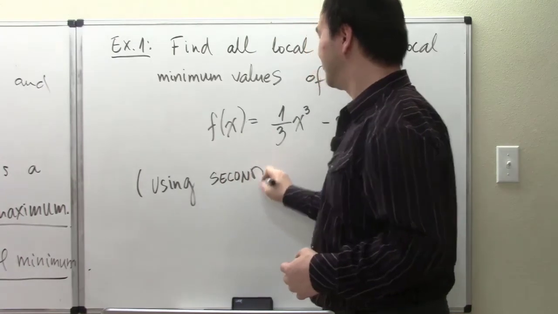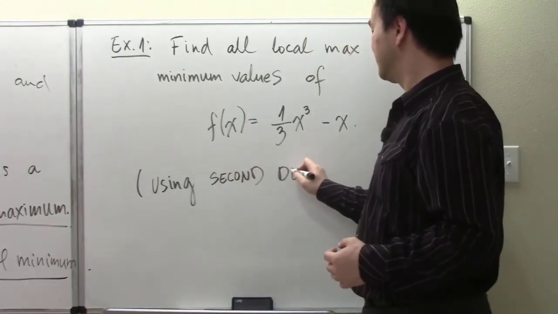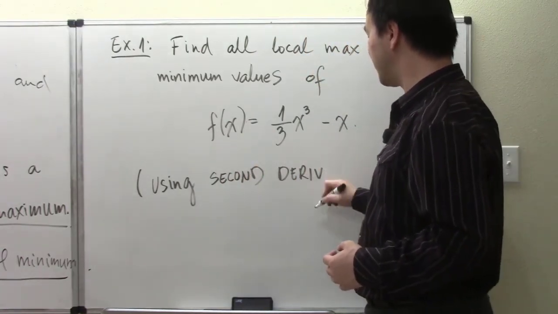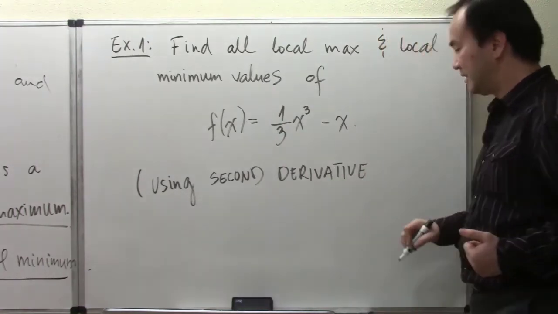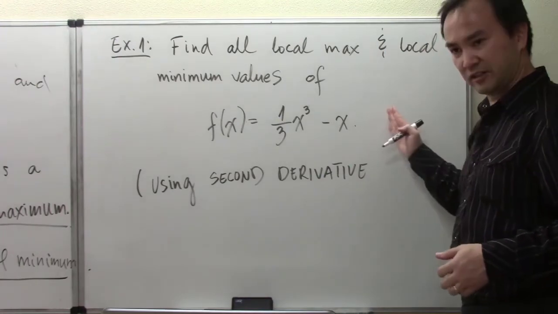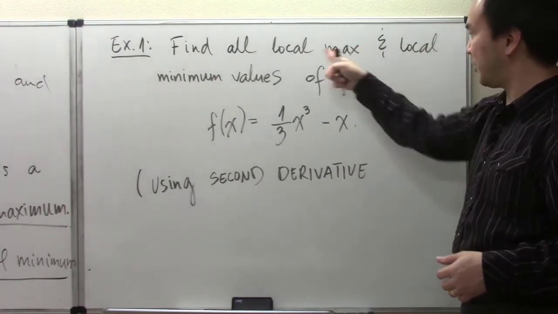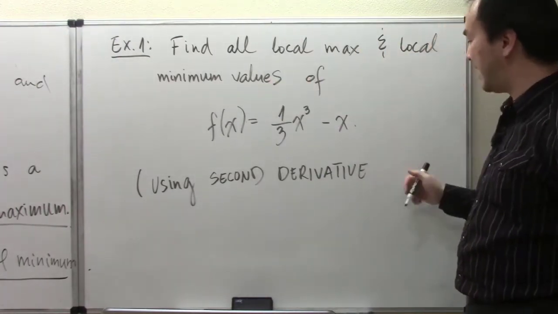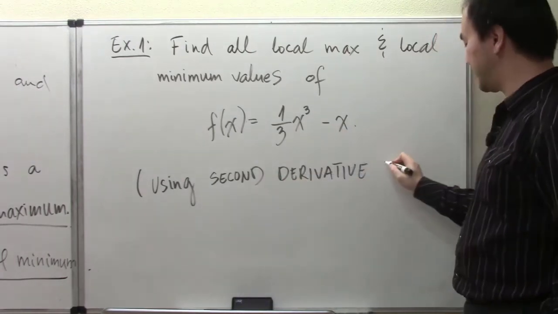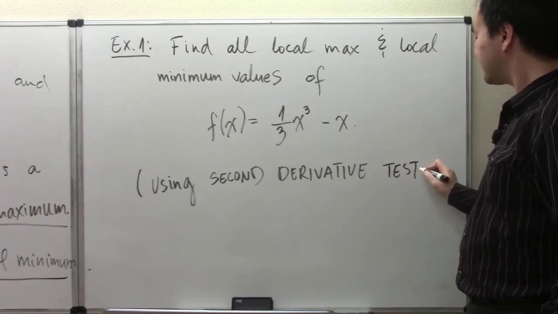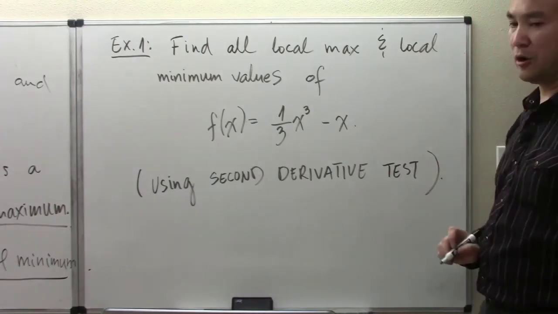Without this indication, anyone can just follow the methods we've learned in my earlier lessons, and we would be just fine finding all the local maximum and local minimum values. But here I intend to apply our second derivative test to find local maximum and local minimum.